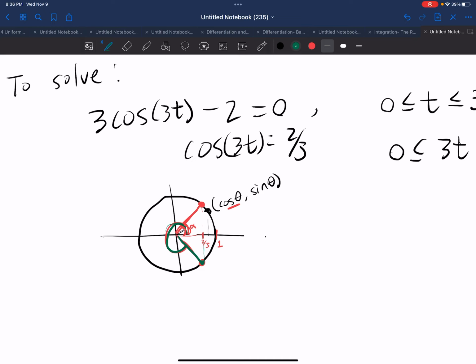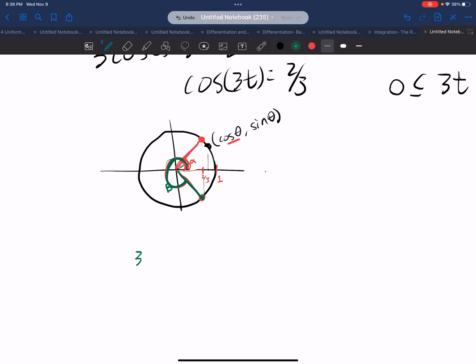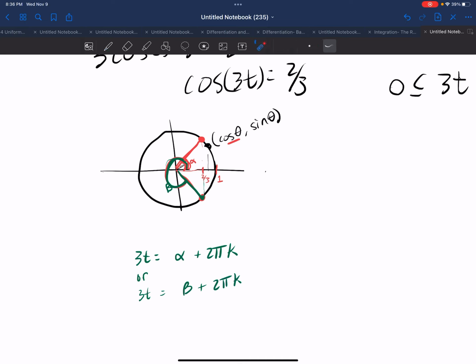And let's call my green one, which is this angle in the fourth quadrant, beta. So 3t can equal alpha plus 2 pi k, or 3t could be beta plus 2 pi k. Here, that angle beta is really the same thing as minus alpha.